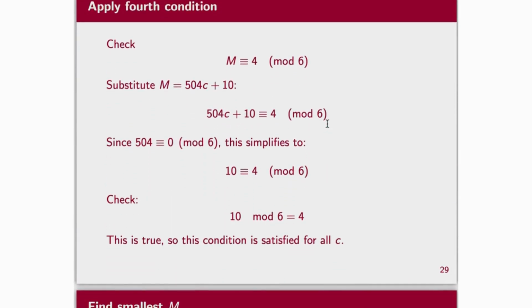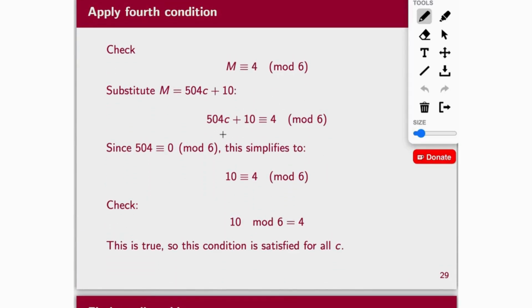On to the fourth condition. Let's set it up. So 504C plus 10 is congruent to 4 mod 6. We can simplify 10 and we can simplify 504. 504 mod 6 is 0 because 504 divided by 6 has no remainder. So it would be basically 0C plus 10.